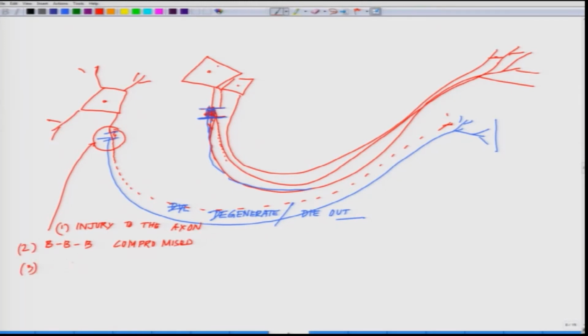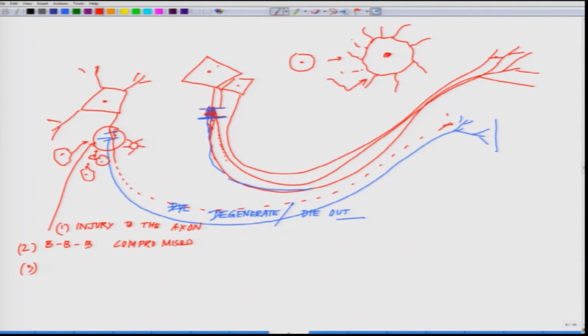Third, as I mentioned, the macrophages started to rush to that area, and the microglia, which are otherwise very silent cells. These cells otherwise remain spherical, but as soon as they become active, they become enlarged and send out a lot of filopodia and all sorts of processes, and they start rolling towards the injury site.